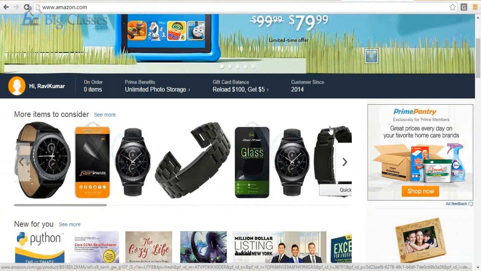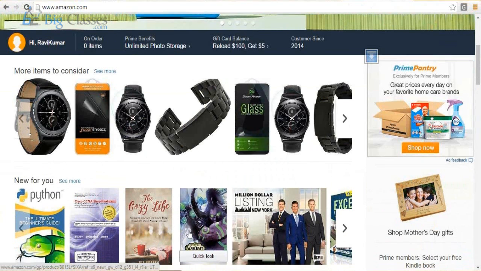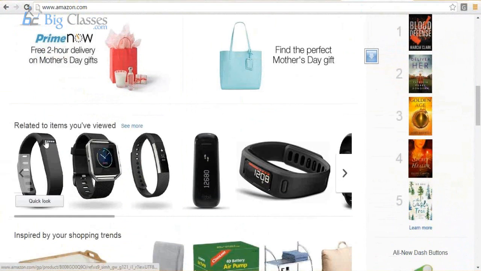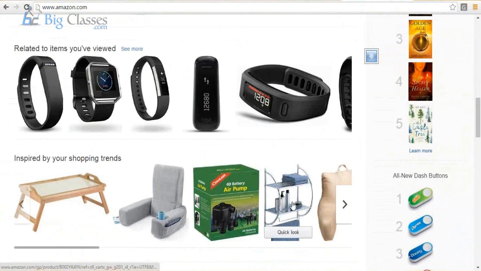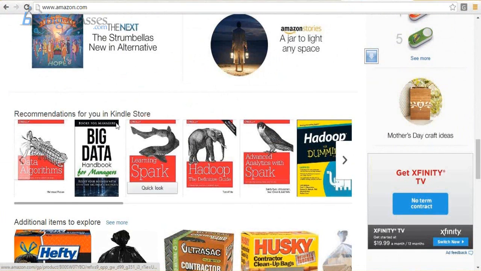By seeing these products, you might get a particular analysis about me: I'm crazy about electronics, such type of things. Similarly, there is Python, the Kaji life, and mother's gifts. These are items related to what you would use, inspired by your shopping trends. Like that, it provides recommendations for your Kindle store.